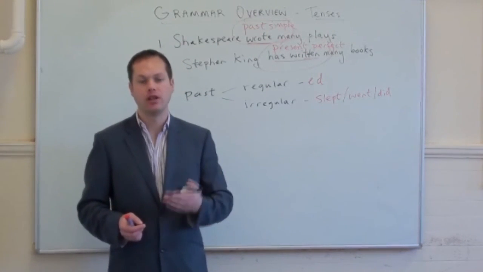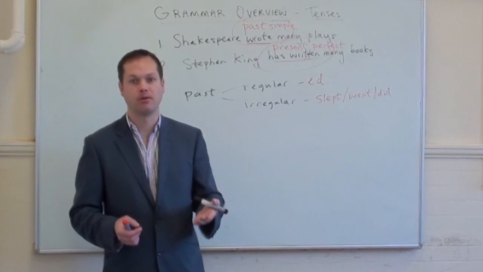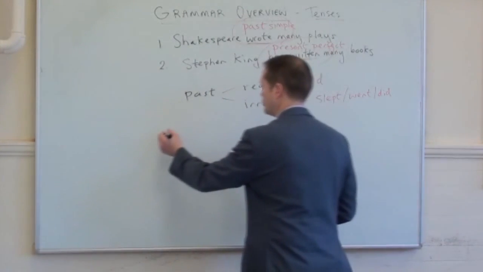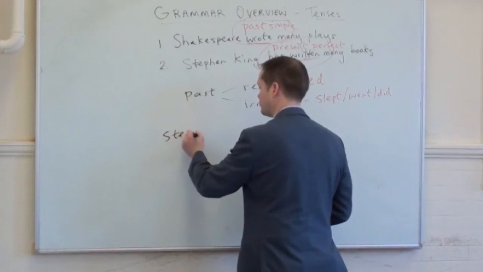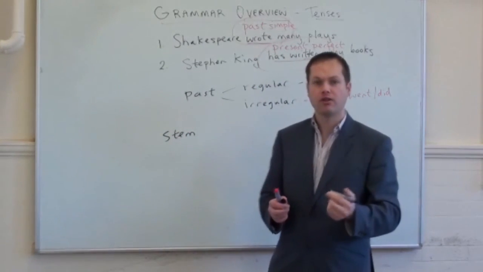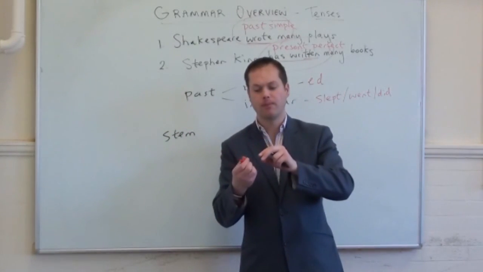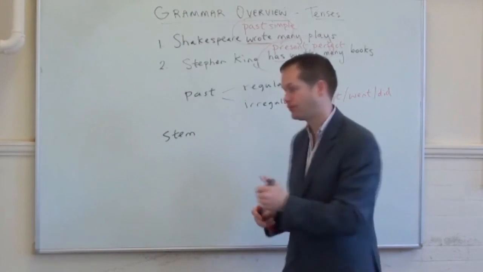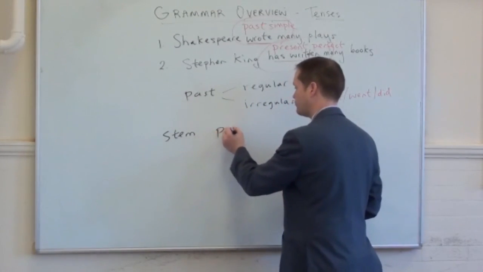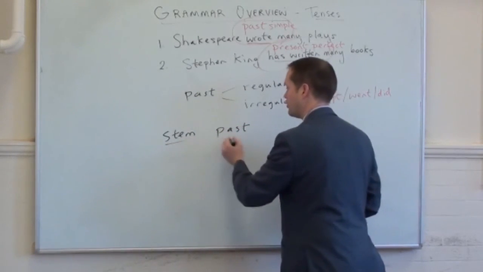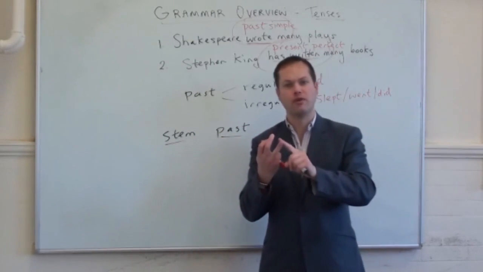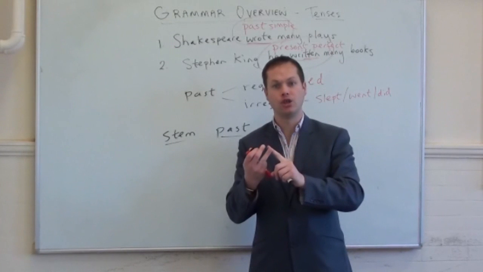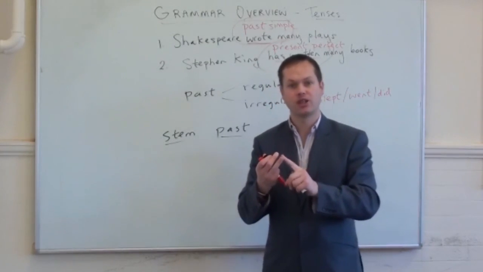So this is what we call the basic verb, or the stem. And then the second, we have 3. The second one is the past tense. And the third part of the verb that we need to think about when teaching grammar is the past participle.